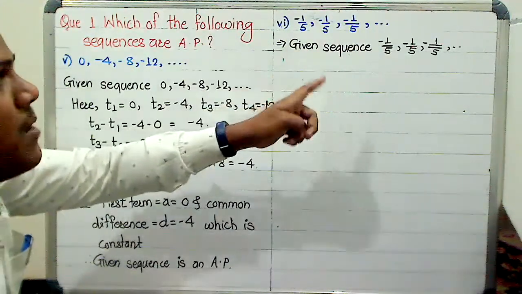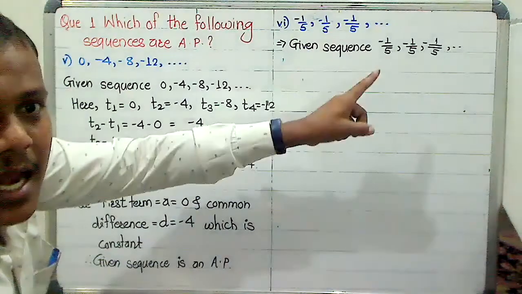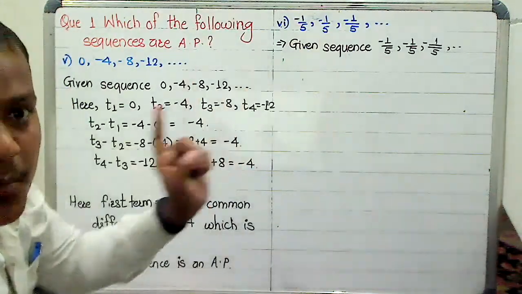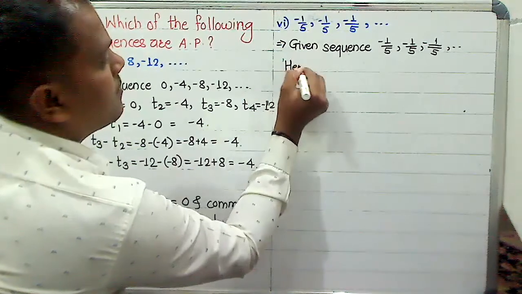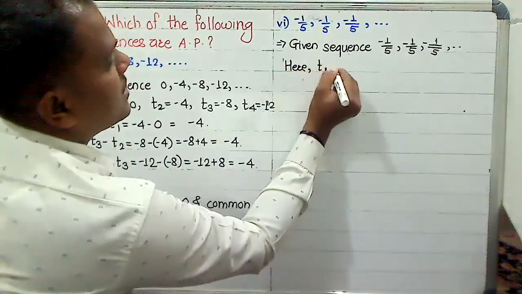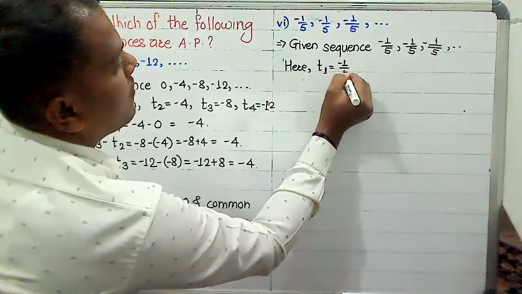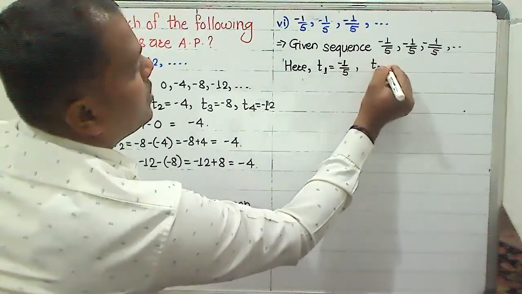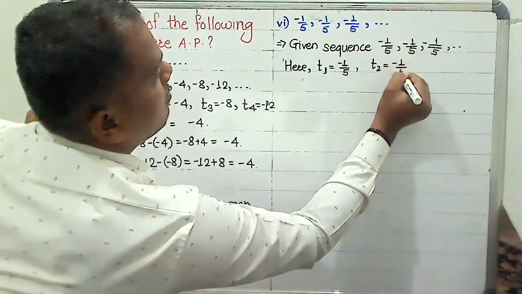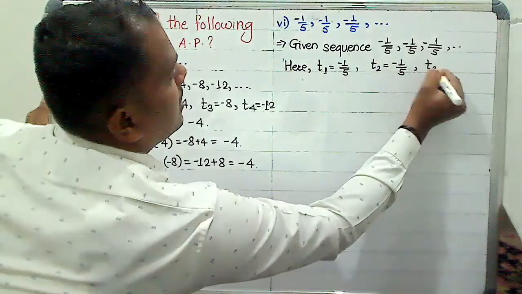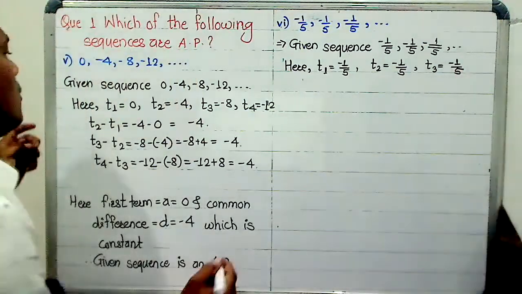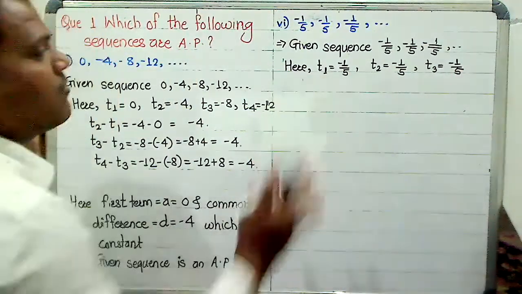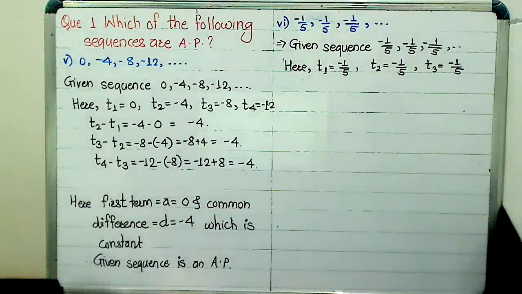Okay. And always remember, such type of sequences are always arithmetic progression. So here T1 is equals to minus 1 by 5, T2 is equals to minus 1 by 5, T3 is equals to minus 1 by 5.